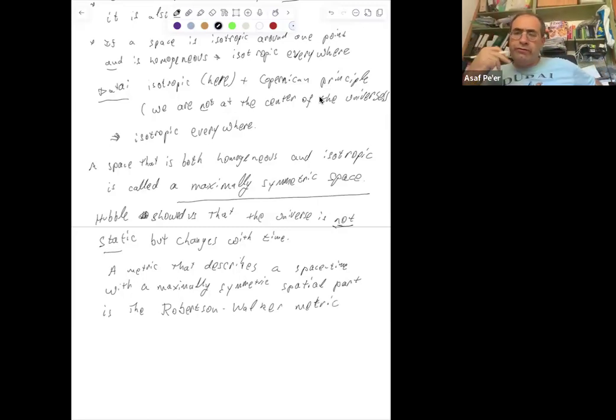We're going to first derive this metric from general considerations of maximally symmetric spaces.